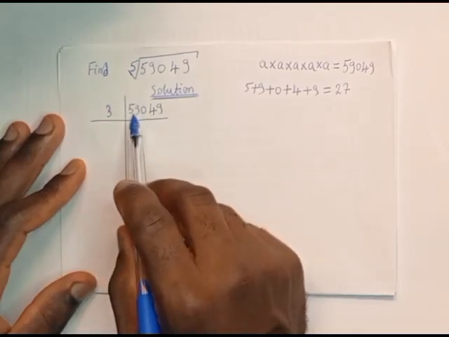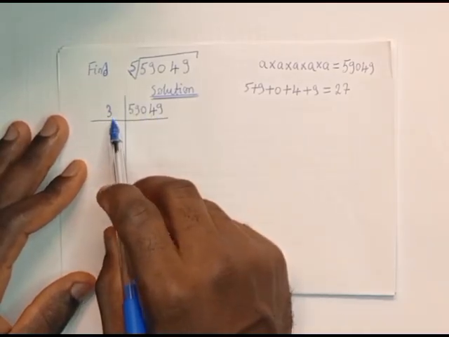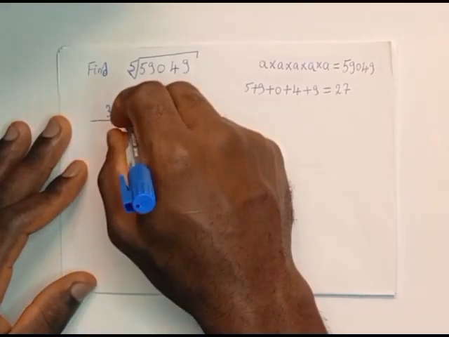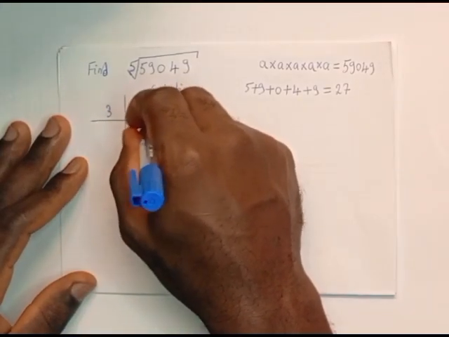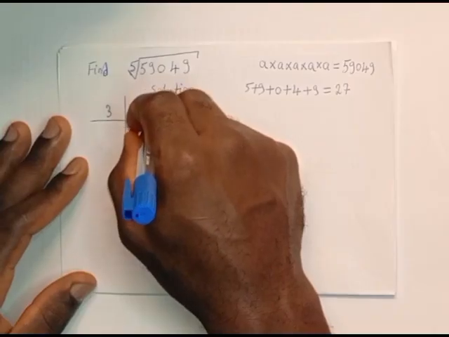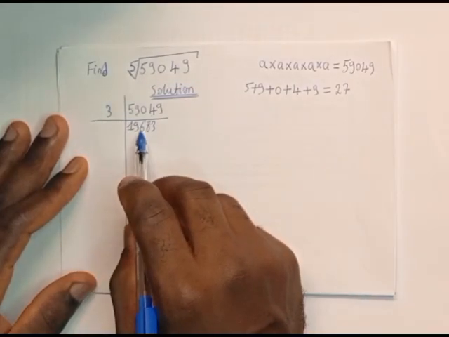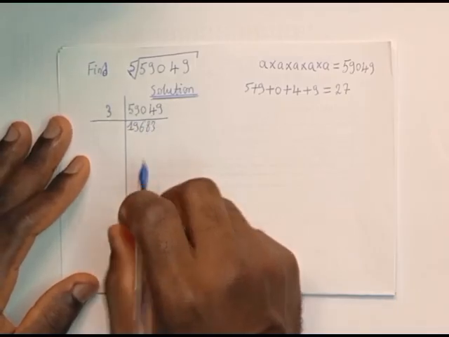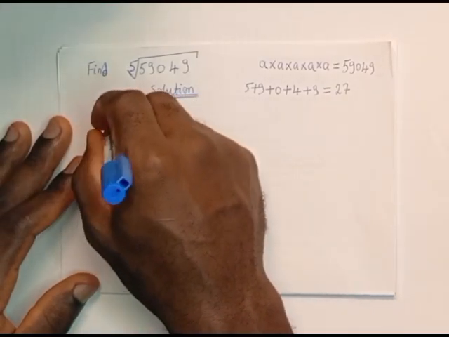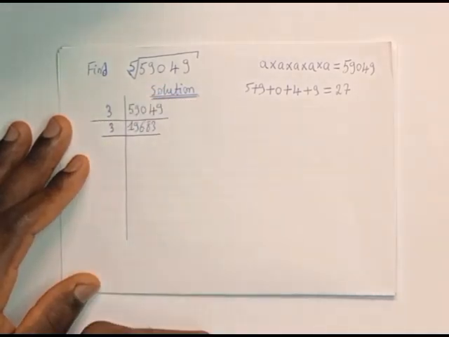We are going to divide 59,049 by 3. This gives us 19,683. The number 19,683 is still a multiple of 3. That means you can divide this number by 3, bring down 3. We divide the number 19,683 by 3.